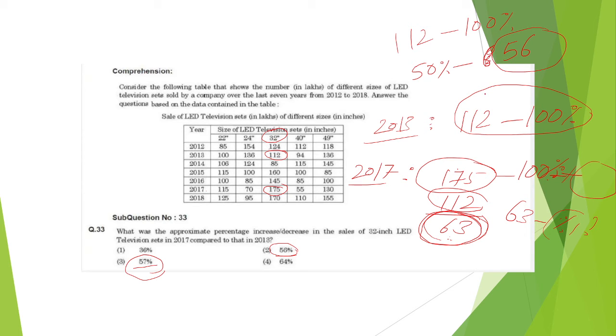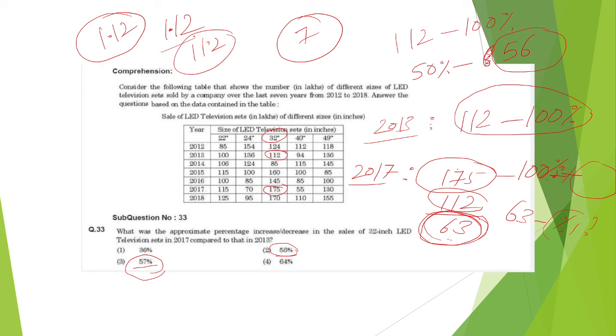Then what is the extra? 63 means 56 plus 7. 7 more is there. 7 is how much percentage of 112? 1 percentage is 1.12, and 10 percentage means 11.2. Suppose 6 percentage, 6 times 1.12 is 6.72.